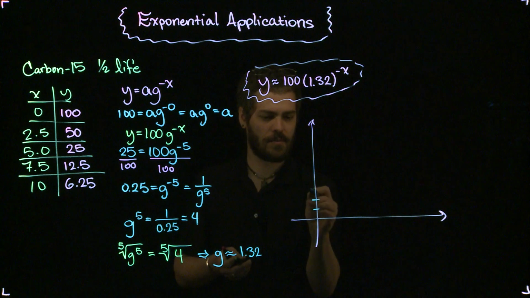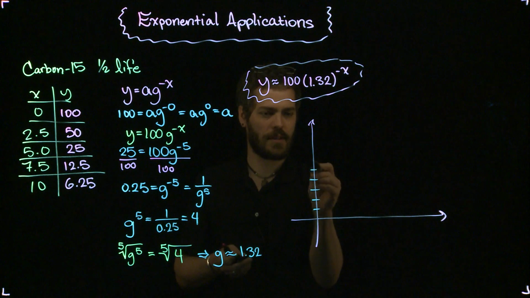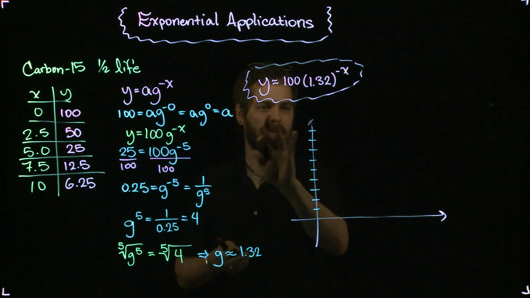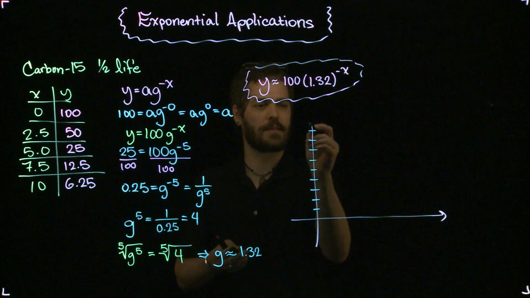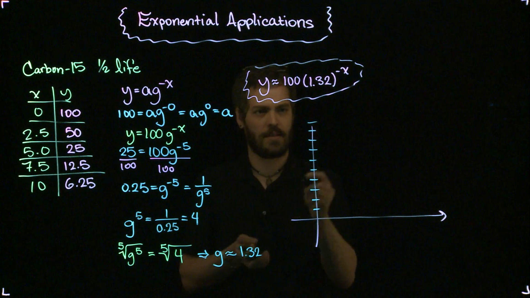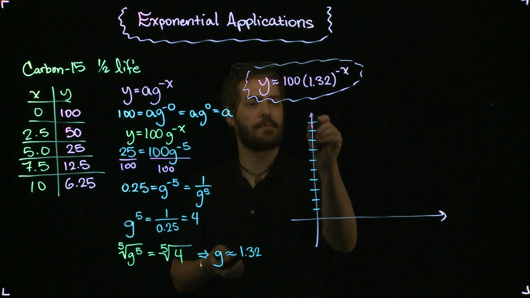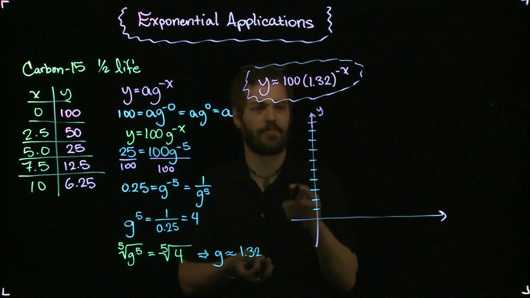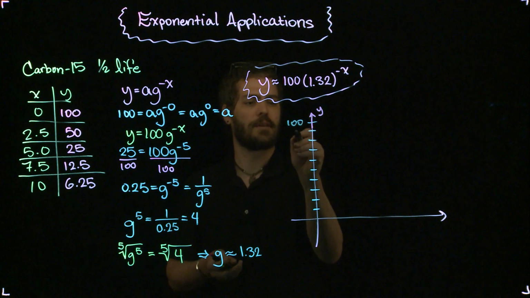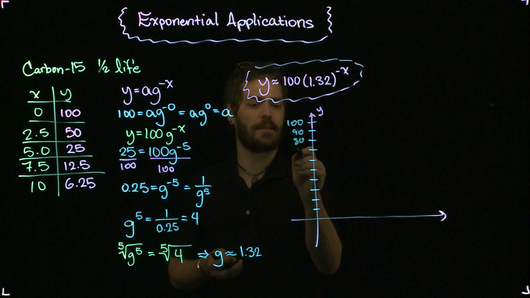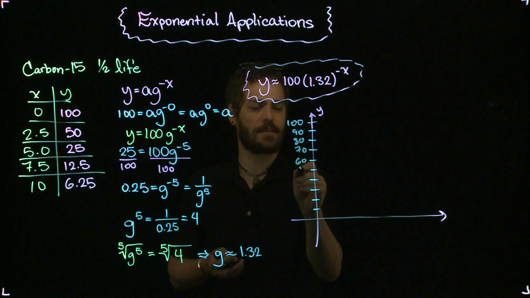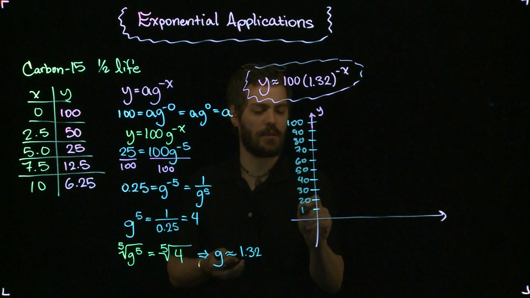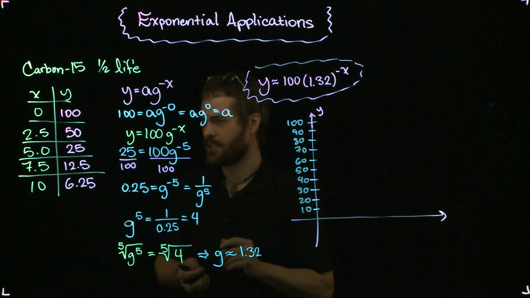1, 2, 3, 4, 5, 6, 7, 8, 9. Need a little bit more space to do 10. Okay, and times 10 is 100, which is where I was going with that. So that'll be 100, 90, 80, 70, 60, 50, 40, 30, 20, 10. And let's check the domain.